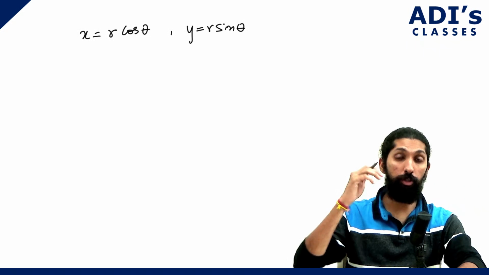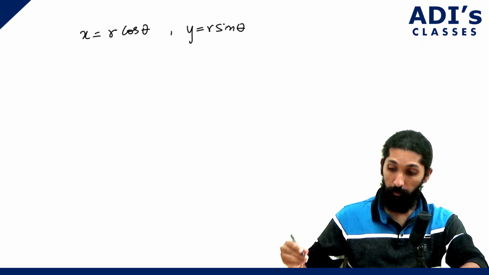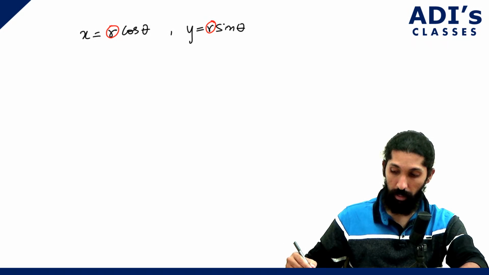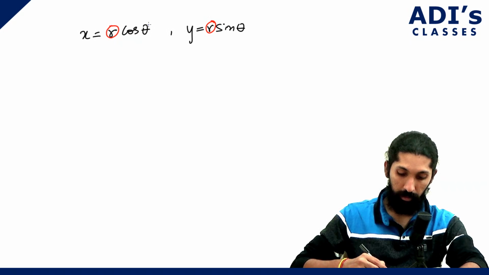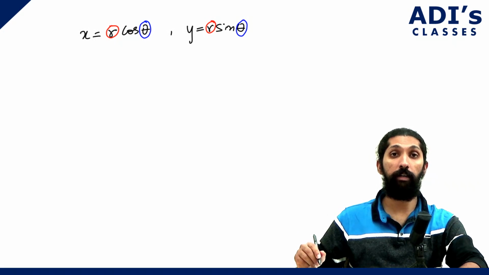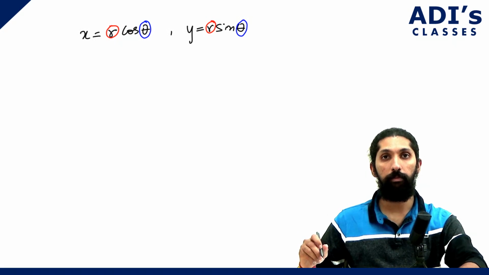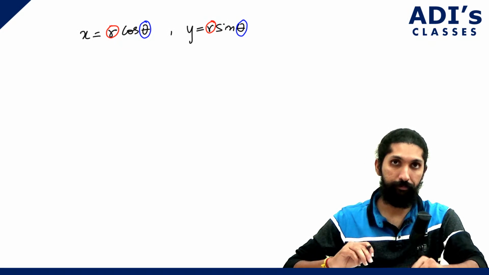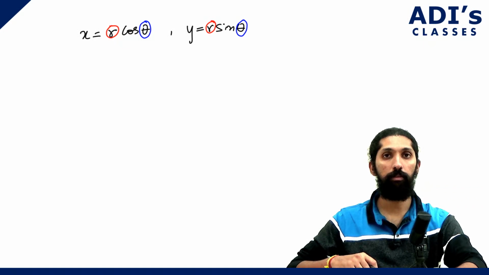The two variables x and y, we are representing in terms of r, which is one parameter, and the other parameter is theta. So we are representing the rectangular coordinate system in terms of the polar coordinate system, which is r and theta. This is an example.